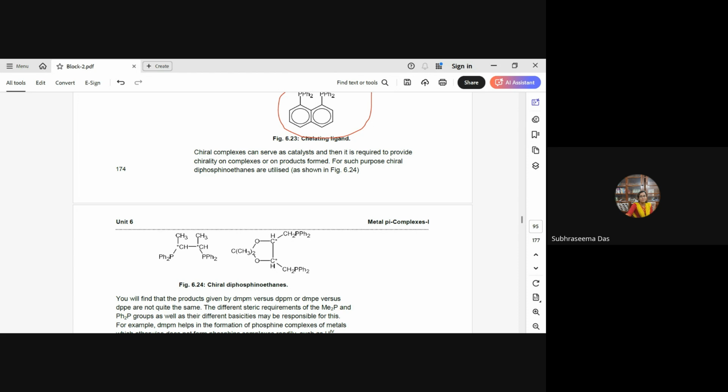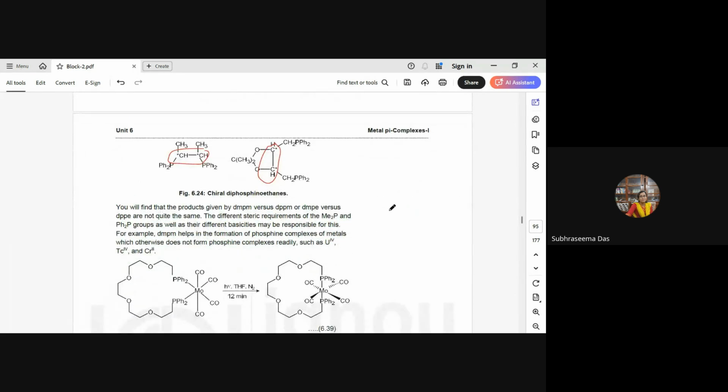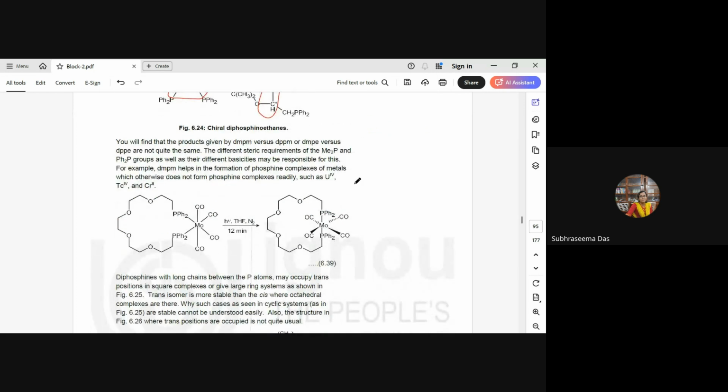Here in figure 6.24, this is a chiral diphosphinoethane. We can see it has a chiral center that is marked by the C star in these two examples. The products given by DMPM versus DPPM or DMPP are not all the same, because of the arrangement of the different atoms around the diphosphine ligands.